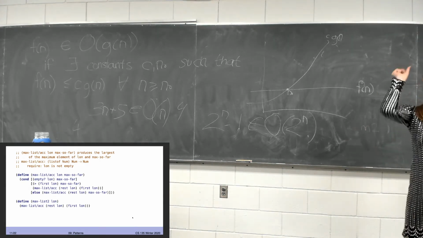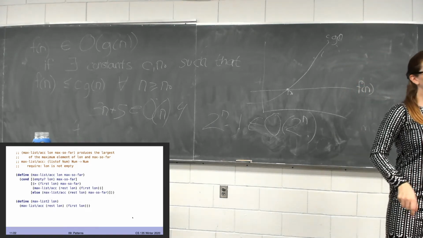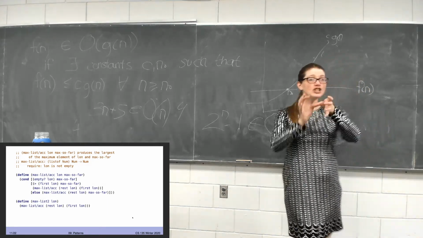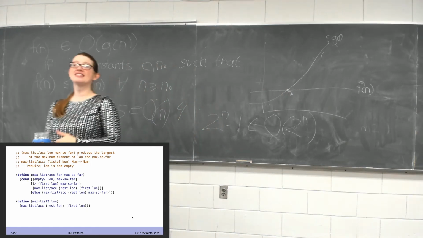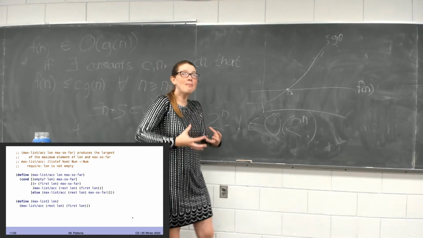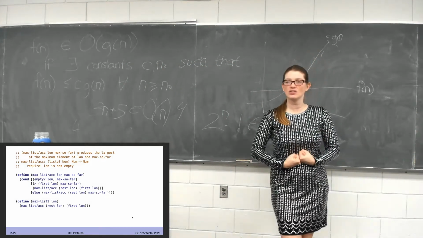And then you look at the second person, and you say, is it better than my max so far? If it is, the second person becomes your new maximum. So you're taking the maximum you've seen so far with you as you process the list. And that's what we're doing with accumulative recursion. We're taking the maximum of things we've seen so far and taking it with us.